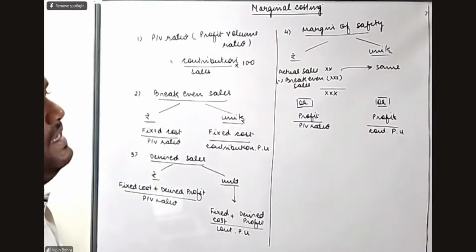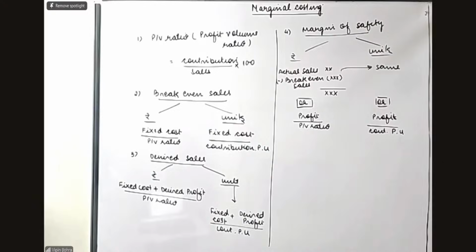So very simple, guys. The first part the examiner generally asks, and in fact you have to calculate it in every question, is PV ratio, that is contribution divided by sales into 100. Thereafter, break-even sales in rupees and in units, that is fixed cost divided by PV ratio and fixed cost divided by contribution per unit.